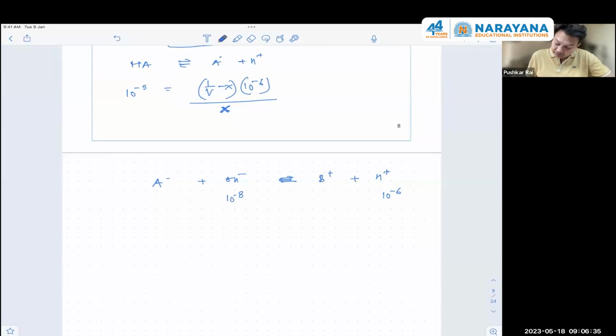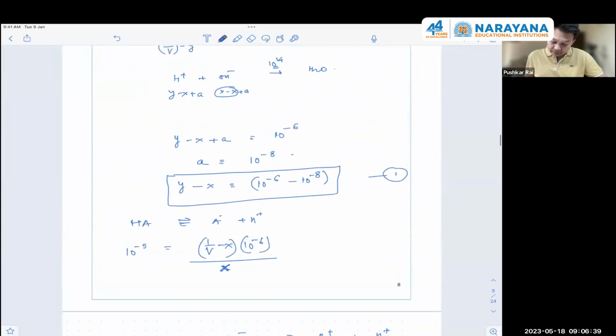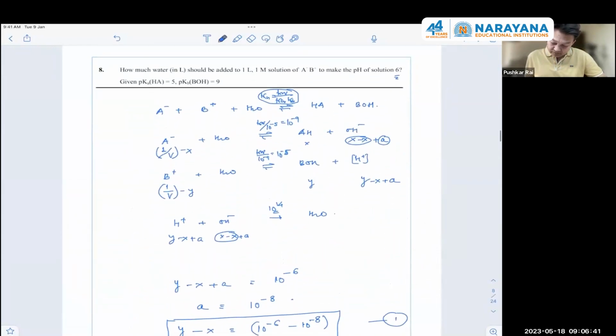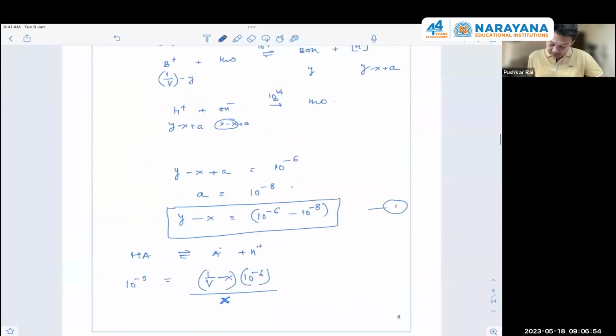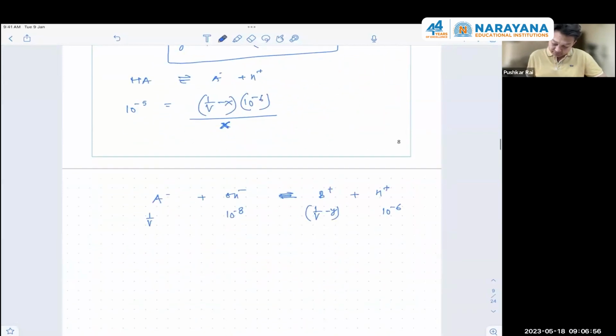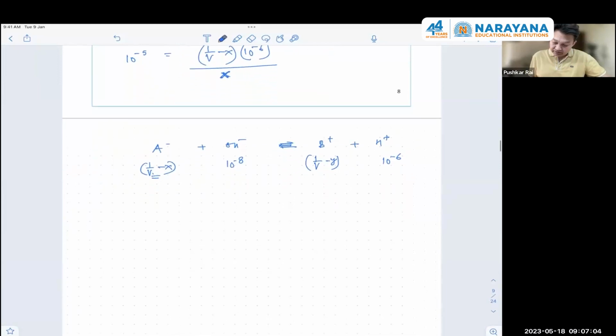And this B positive will be equal to 1 by V minus Y, and this A negative is equal to 1 by V minus X.